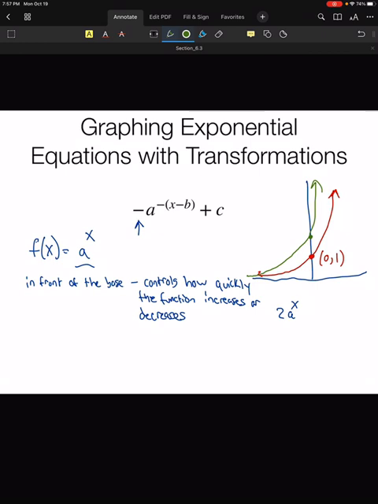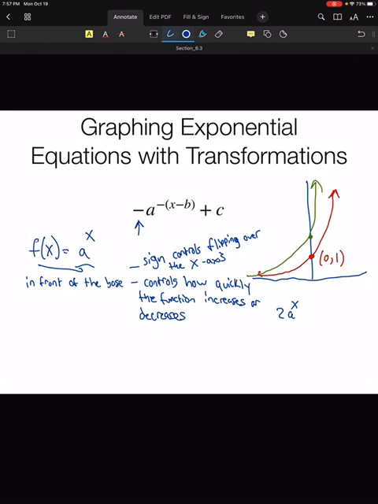Now, the other important part of in front of the base is the sign. In my example up here I have a negative, and the sign controls flipping over the x-axis. If it's positive, then it's going to increase just like the original or base function would, because it has a positive number out in front.